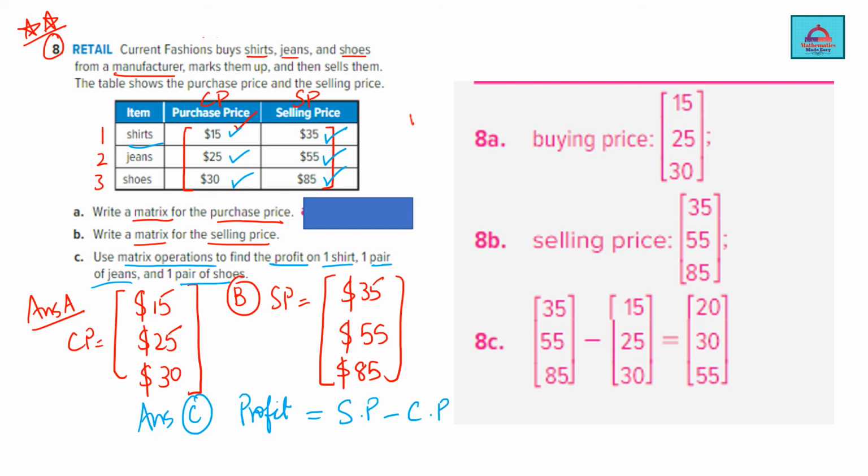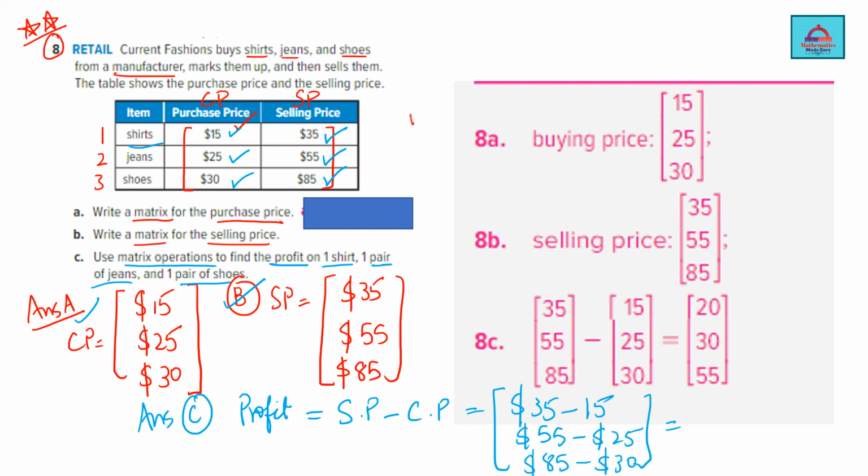So what we can do, if we just subtract the two matrices we got in A and B part, we are going to get our answer. So 35 minus 15, 55 minus 25, and finally 85 minus 30 is going to be your profit matrix. So what do you get? You get $20 profit on one shirt.